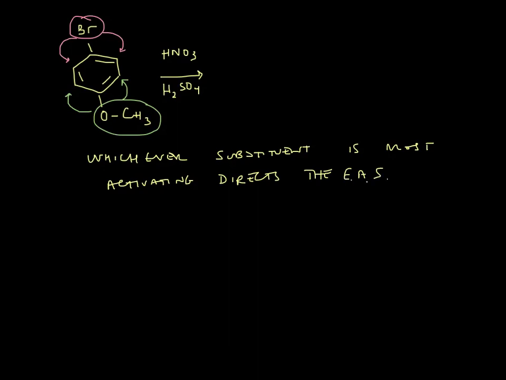Therefore, it's the methoxy group that would essentially get its way, and your nitro group would show up where it wants. So in this case, you would have the nitro group right here, because it is the strongest or most activating substituent, which would be the methoxy.